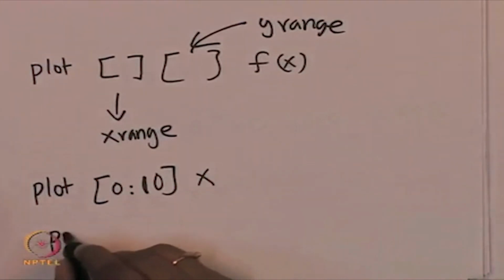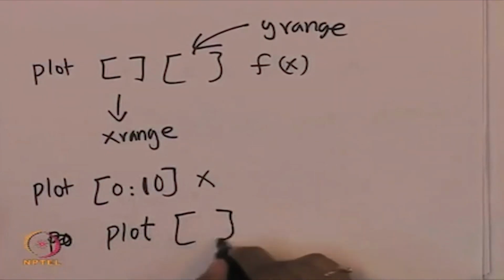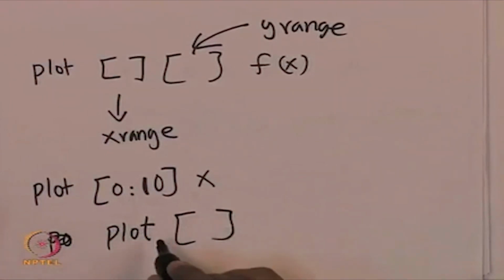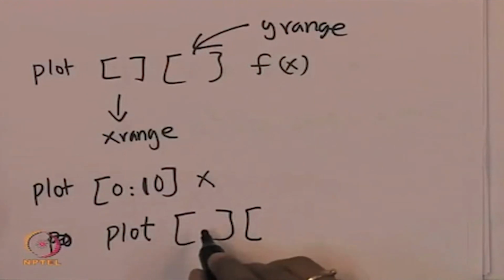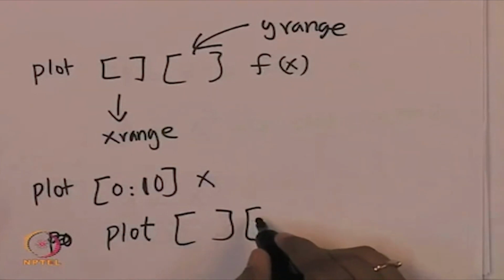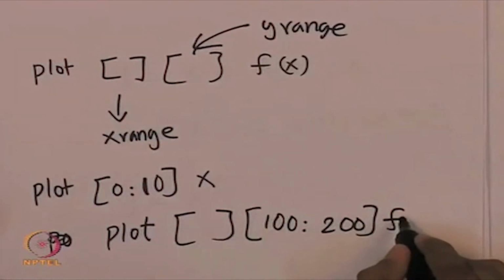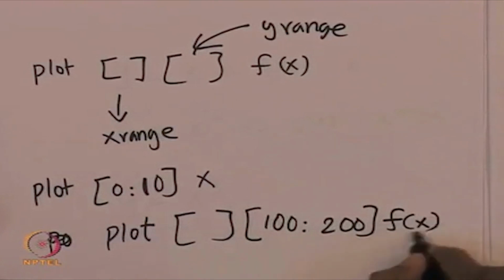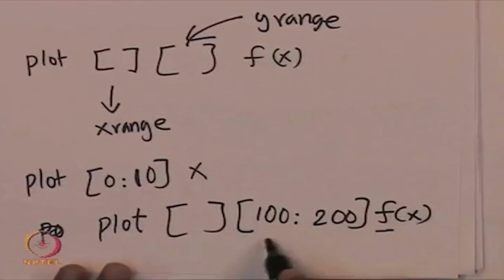But if you say plot, and you leave the first square bracket blank without specifying anything, but you still have to put the square bracket, and then in the second square bracket you put, let us say, 100 to 200, and then the function you want, f of x, whatever function we want, then you will get only the y range fixed.